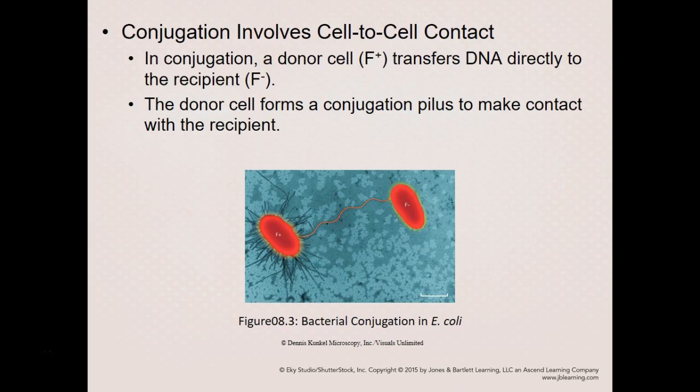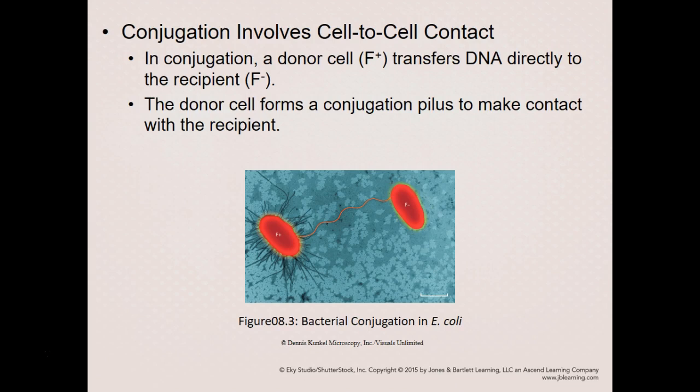The F factor is a factor found in plasmids that allows bacteria to produce a conjugation pilus or sex pilus. And once it does, that pilus will move from one cell to another cell, and that's where the genes will be transferred across.